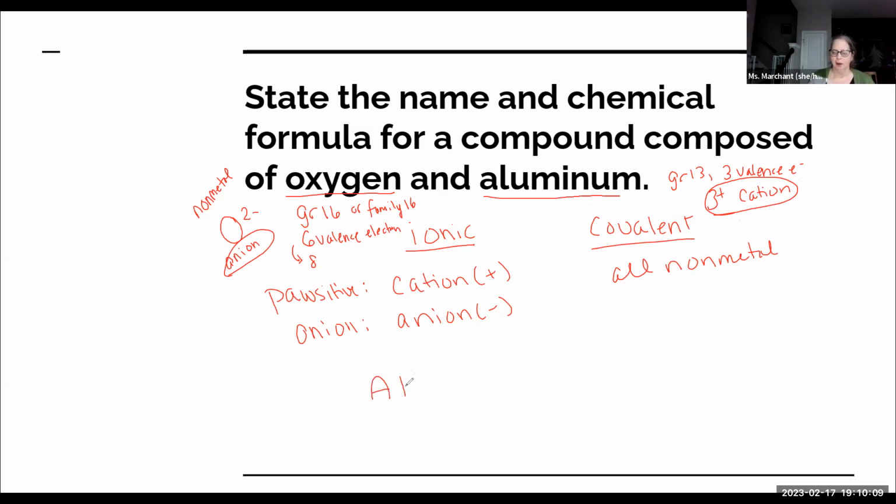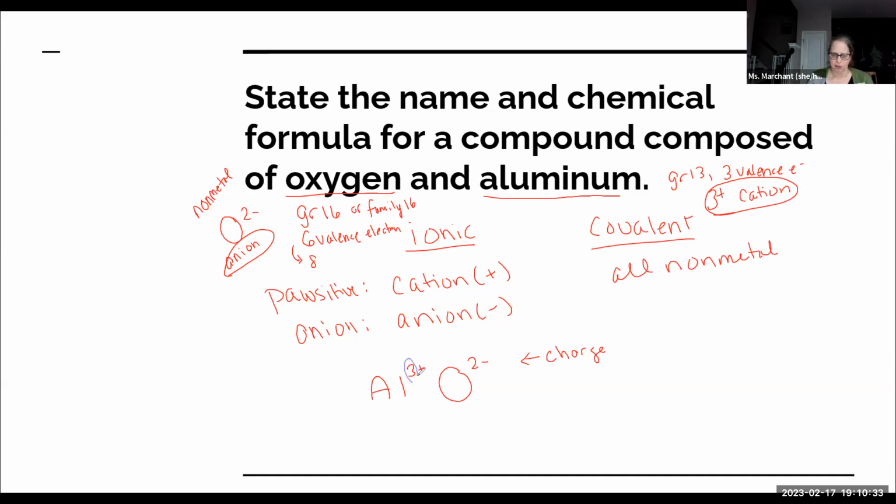Al, capital A, lowercase l. When you start a new sentence, you start with a capital letter. When you start a new element, you start with a capital letter. Aluminum has 3+ for its charge, and oxygen has 2- for its charge. The charges are always going to have a plus or minus with them. They're in the superscript position, where we're now going to do the crisscross.